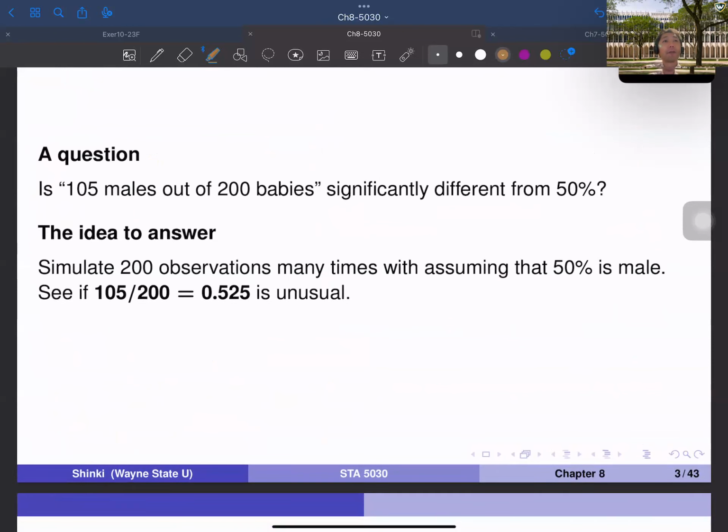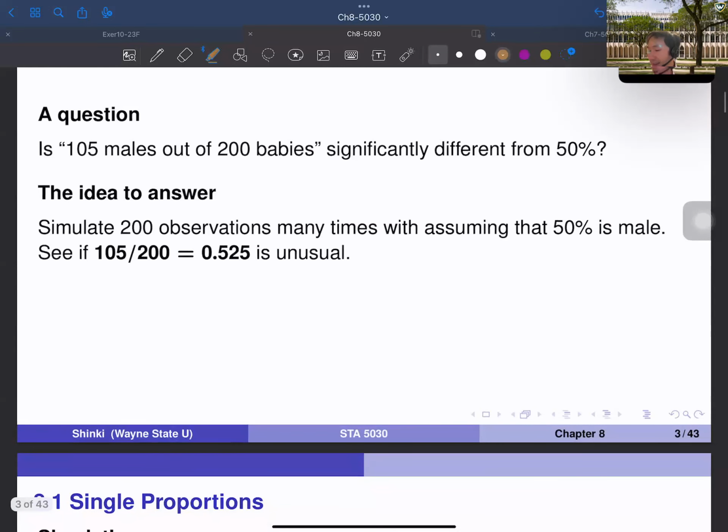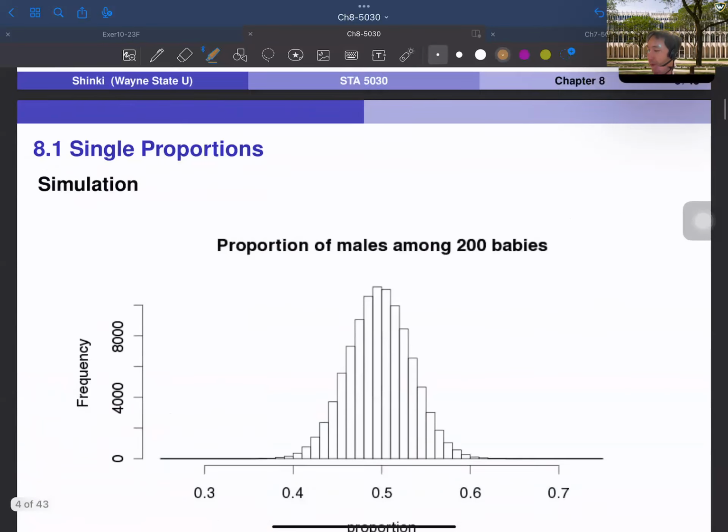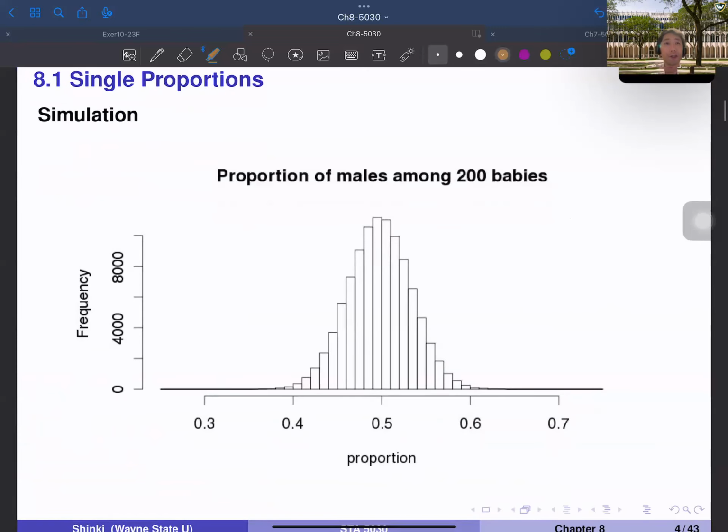Okay, now the first question we want to answer: is 105 males out of 200 babies significantly different from 50%? The sample proportion is 52.5%, but it does not sound unusual. So here is the simulation result under the assumption that the proportion of males is 50%.